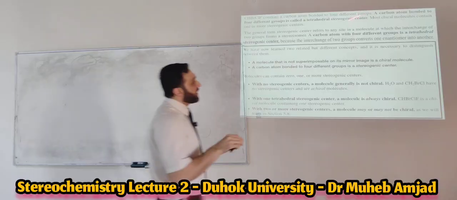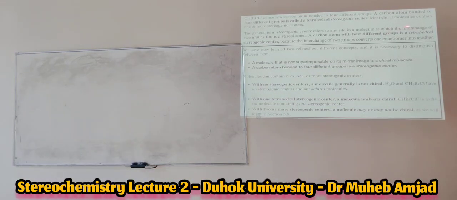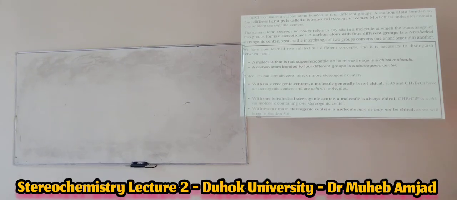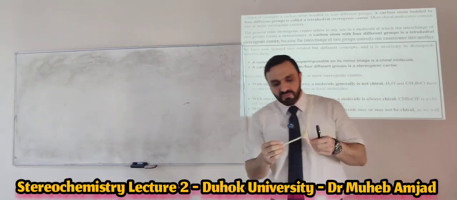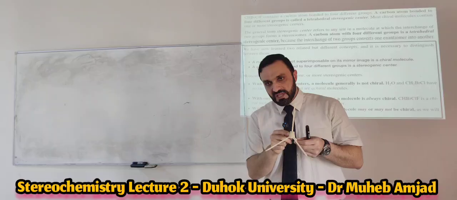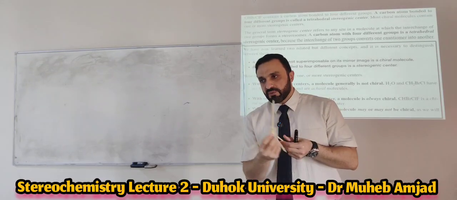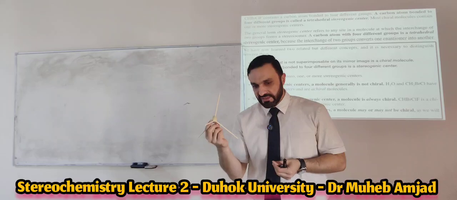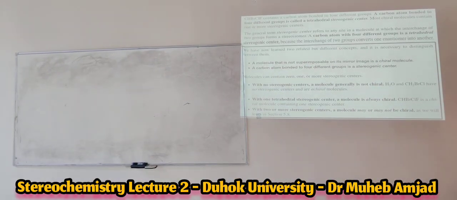A carbon atom bonded to 4 different groups is called a tetrahedral stereogenic center. So, if we have a molecule like this bonded to 4 different groups, this carbon will be a stereogenic center.